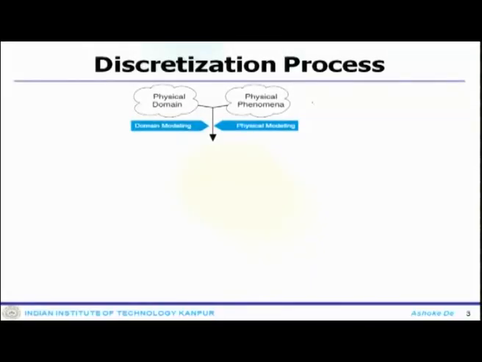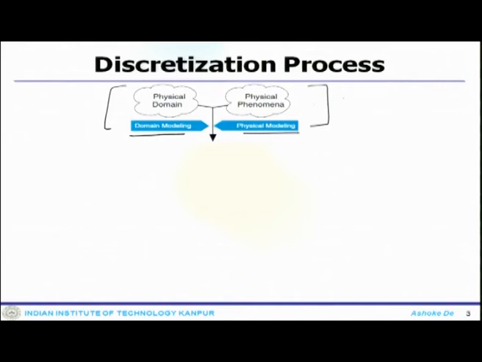Now, if you look at the problem, on one hand you have the physical domain and on the other the physical phenomena. The physical problem does not come without a physical phenomenon. If I have a flow through a channel, the physical domain is the channel and the physical phenomenon is the flow going through that channel. The domain will have domain modeling and the phenomenon will have physical modeling.